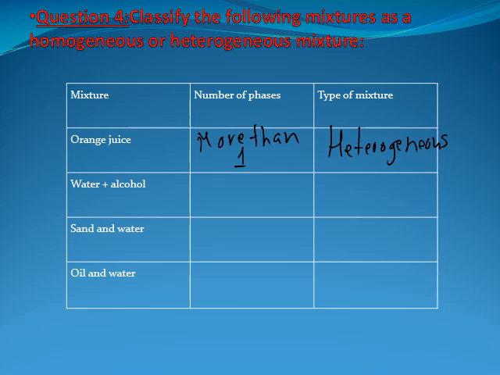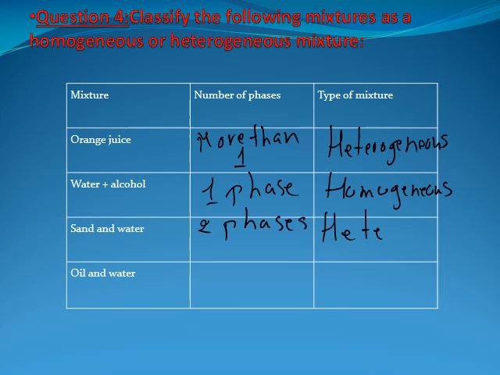Water plus alcohol, how many phases? Only one phase. Homogeneous. Okay, sand and water. Yes, Tala. Two phases, or more than one. Heterogeneous mixture. Excellent.